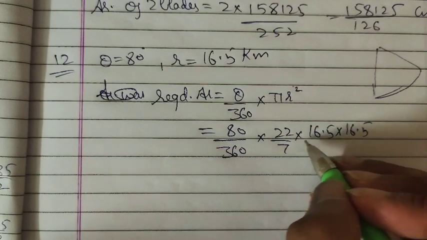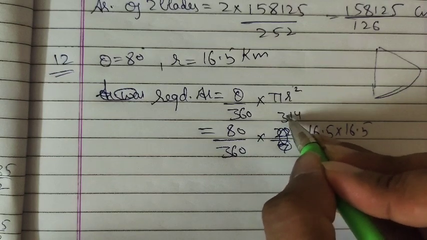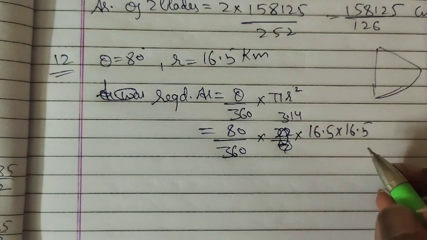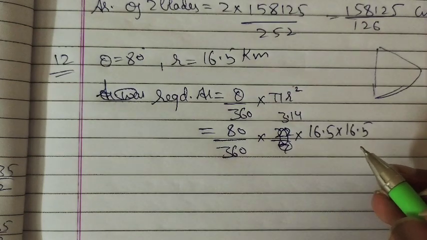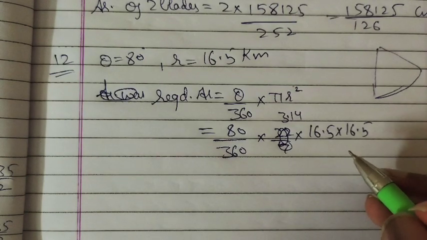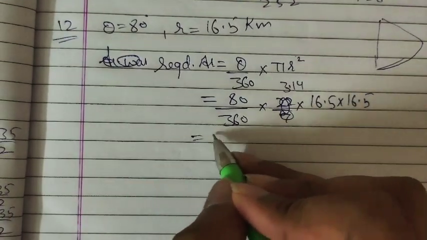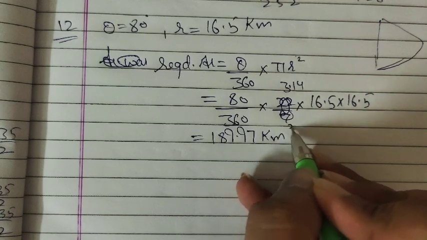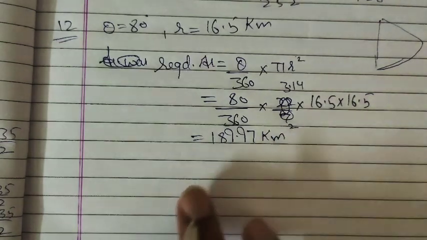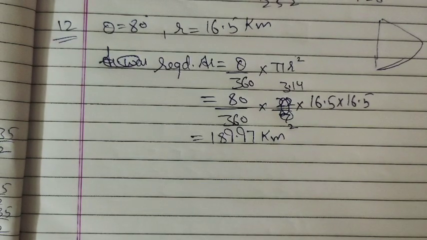Okay, 3.14, we have to use pi, so take pi as 3.14. Now simplify the answer. So whatever value is, that will be our answer, right? So if we solve it, you will get the answer 189.97 kilometer square after simplification, right? This is our answer of question number 12.